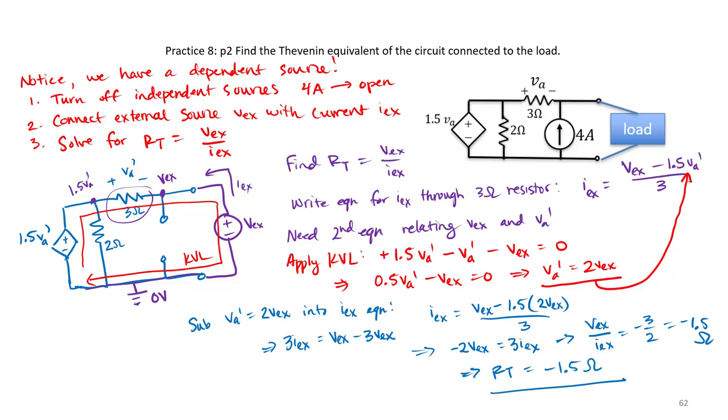Remember that the Thevenin resistance is a model that represents an equivalent circuit. So it is possible to get negative Thevenin resistances when you have a Thevenin equivalent with a dependent source. So don't panic if you see a negative Thevenin resistance.